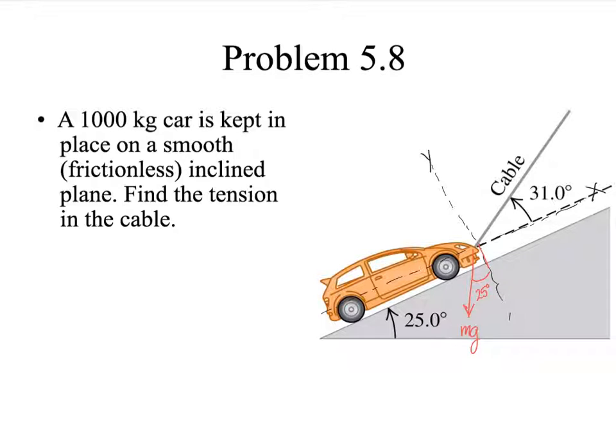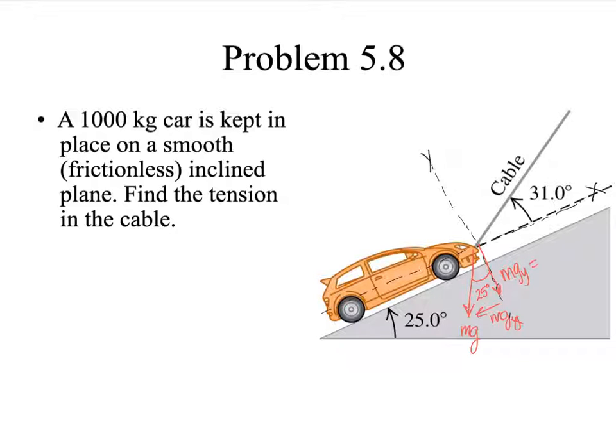And so you're going to have a y component of the weight and an x component of the weight. The y component is going to tend to be pushing the object into the surface of the incline, while the x component is going to tend to be taking the object down the incline.